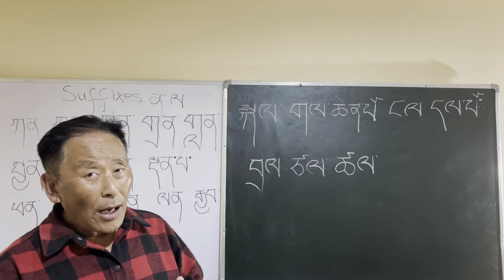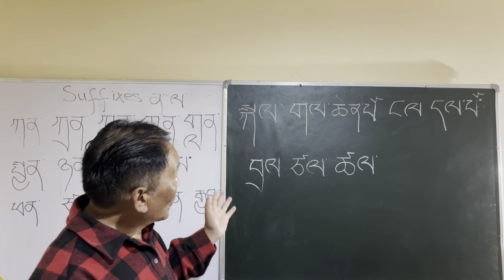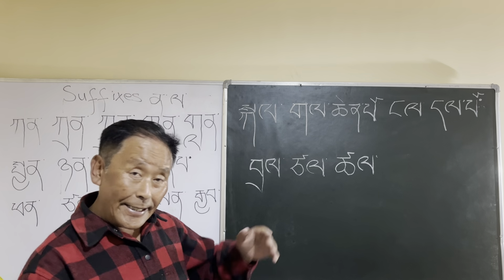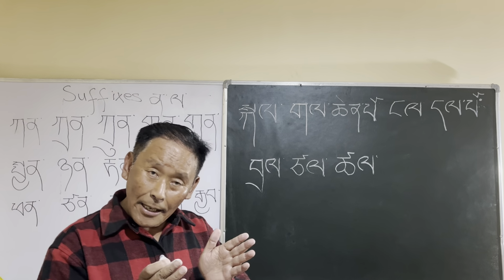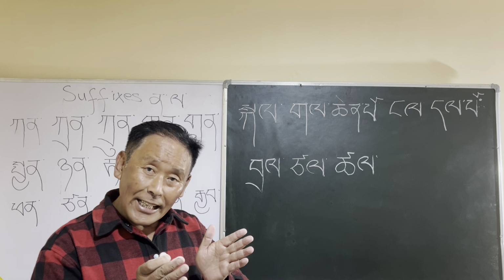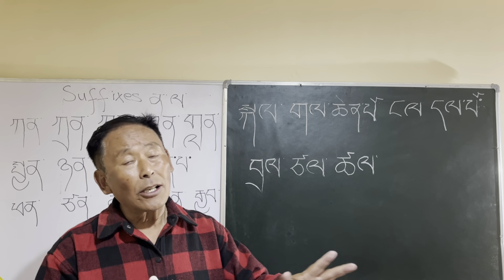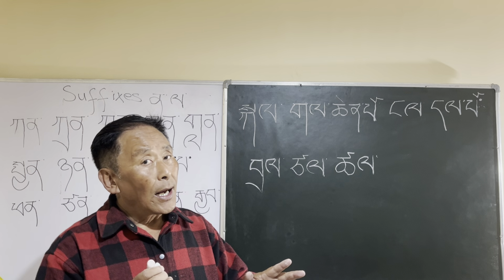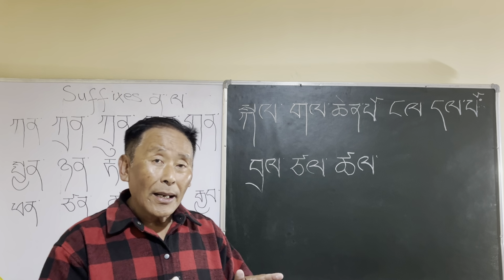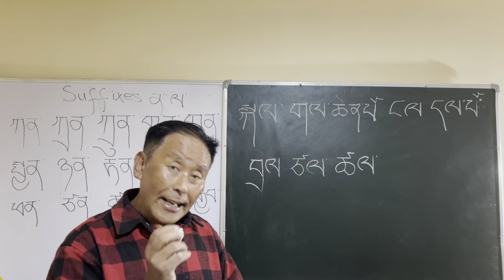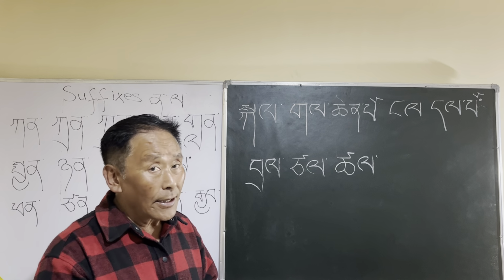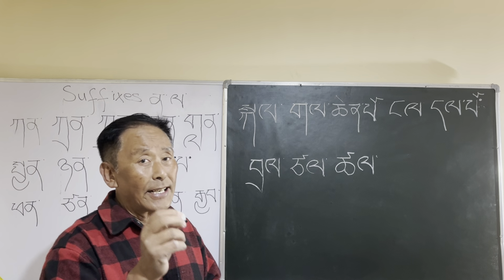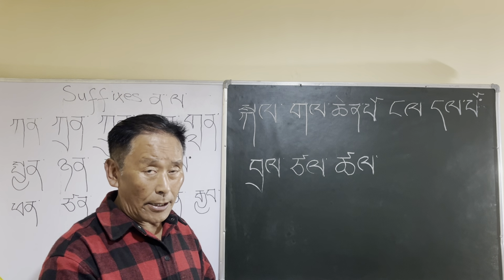So the rules, I'm explaining it. It has a pattern and it is applicable with all the consonants. It's actually very logical. You can learn to read Tibetan in 14 hours at the soonest.